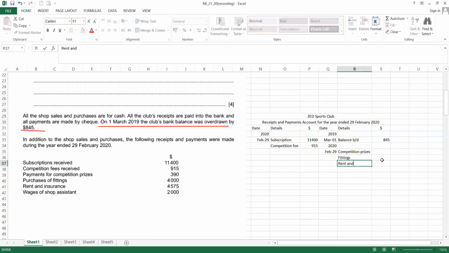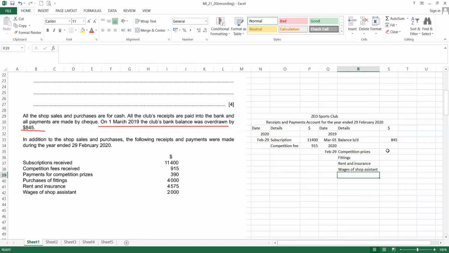Rent and insurance. Wages of shop assistant. So we put the amount first, 390, and then 4,000, and then 4575, and 2,000.